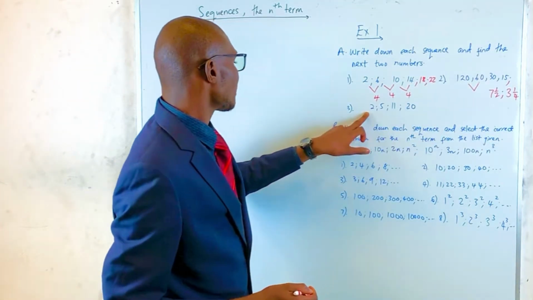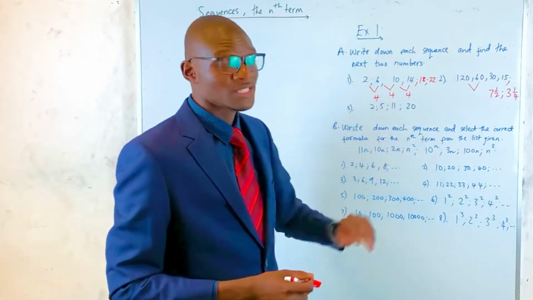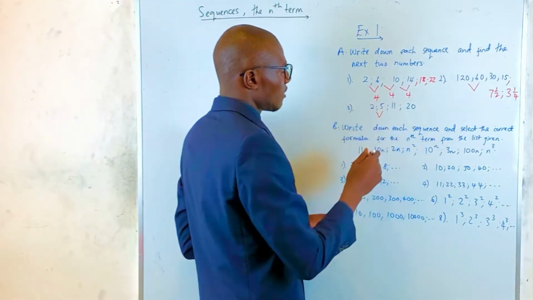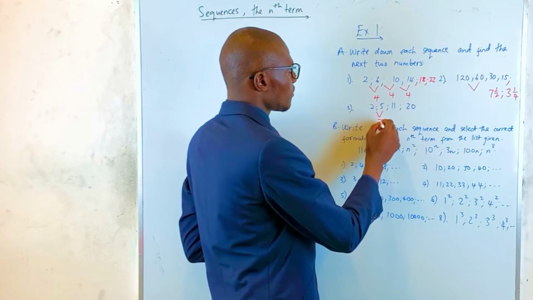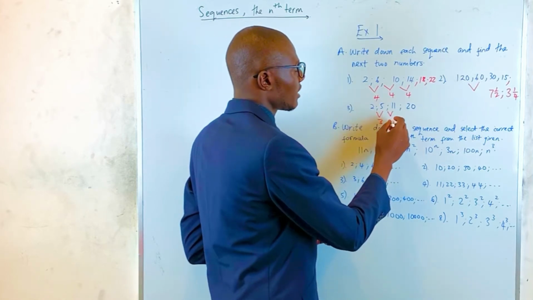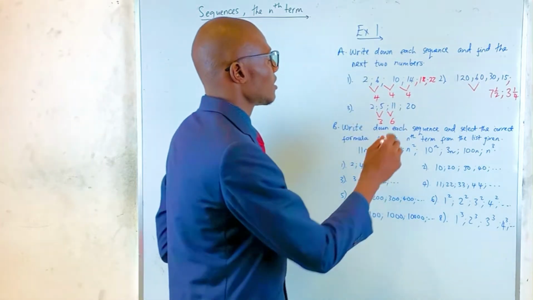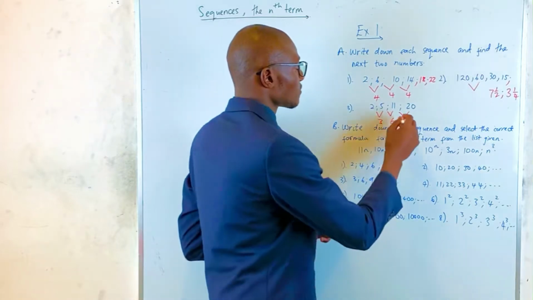Then for the third one here, we've got 2, 5, 11, 20. If we study the sequence here, we see that from 2 to 5 there's a difference of 3. Then from 5 to 11 there's a difference of 6. Then from 11 to 20 there's a difference of 9.